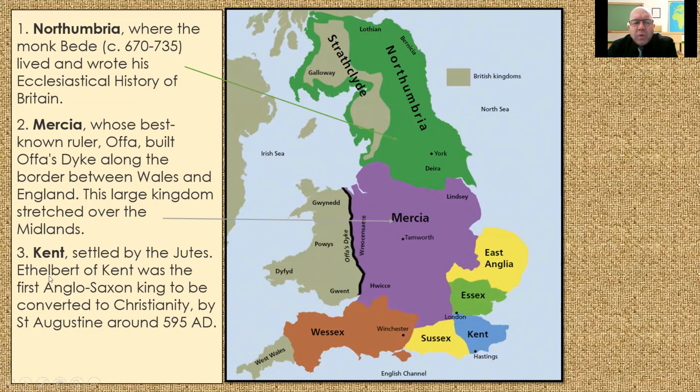But Kent was ruled at the time by Ethelbert, and he became one of the first Anglo-Saxons to be converted to Christianity. And Kent, you can see down here, the light blue area. Okay. And as I've said, we will discuss more on the religion of the Anglo-Saxons in our next lesson.